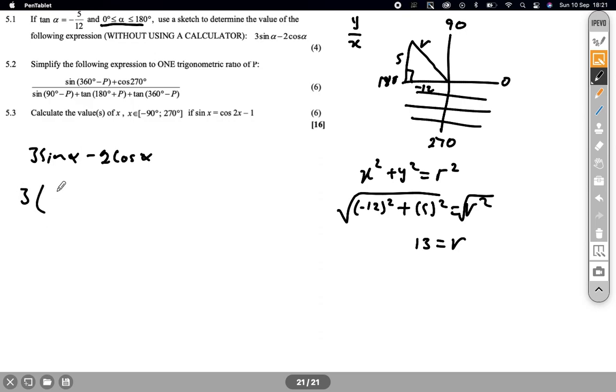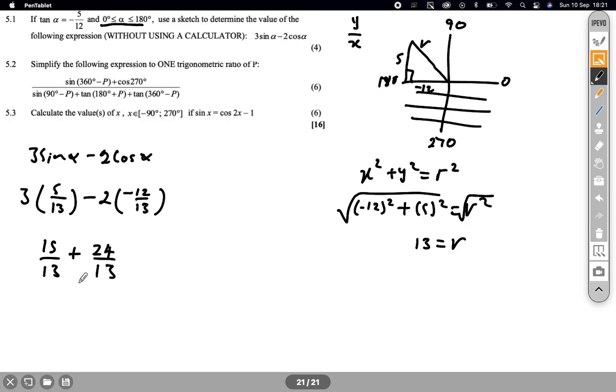Now sine is y over r, so our y is 5 and our r is 13, minus 2, and then cos is x over r, so it's going to be negative 12 over 13. Now 3 times 5 is 15 over 13. This negative and this negative will become a positive, so 2 times 12 is 24 over 13.